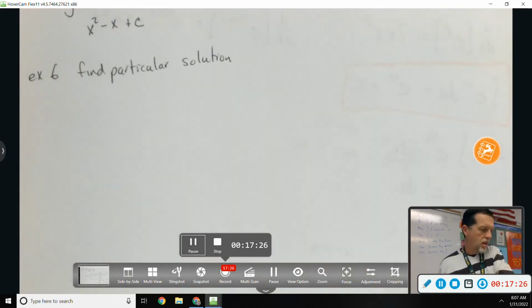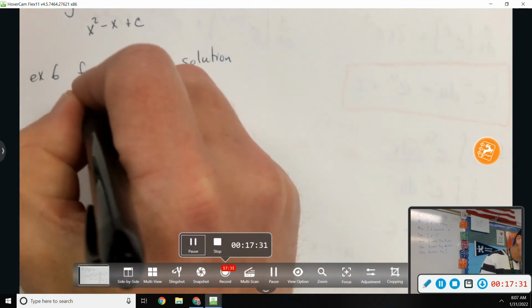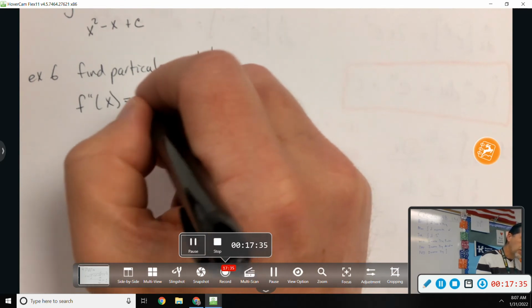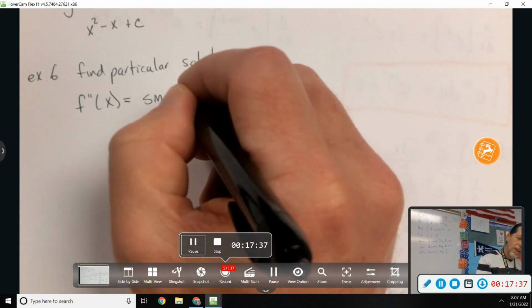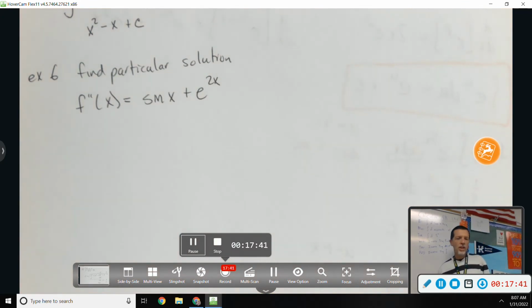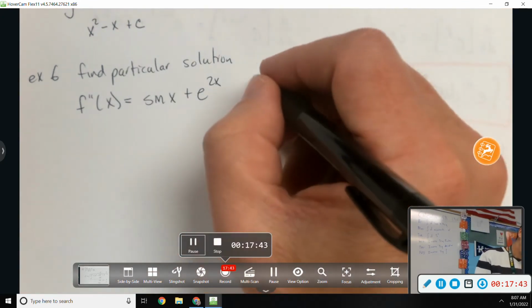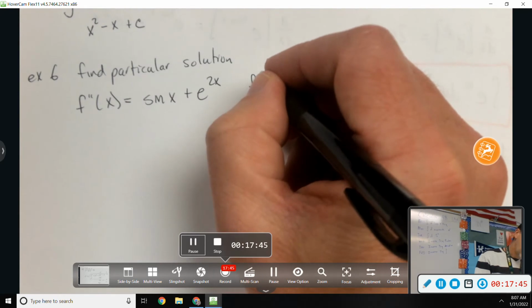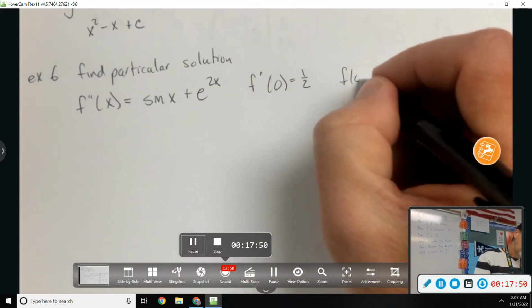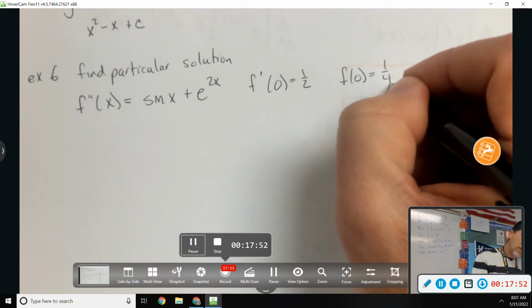All right, last one. Find the particular solution. There was one of these on the test. F double prime of x equals sine of x plus e to the 2x. F prime of 0 is 1/2, and f of 0 is 1/4.